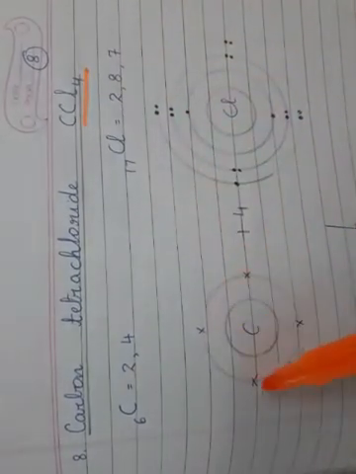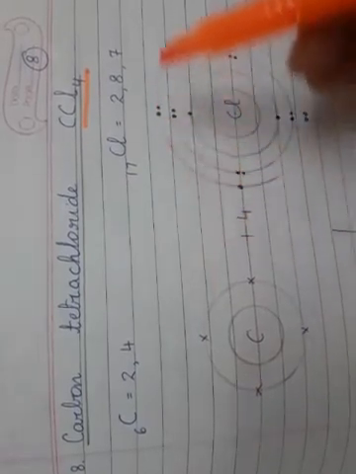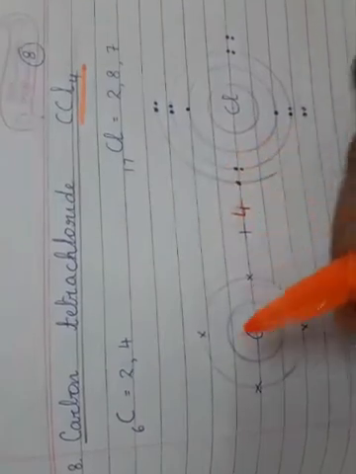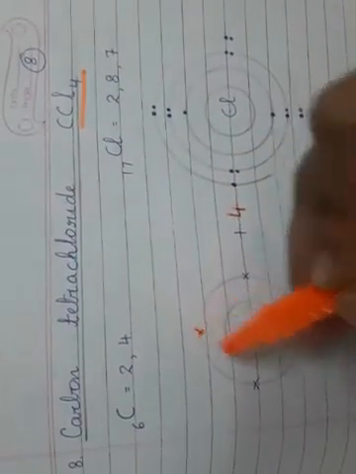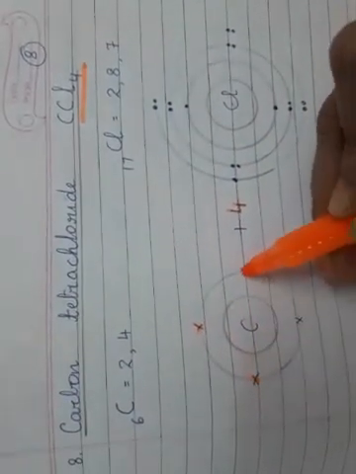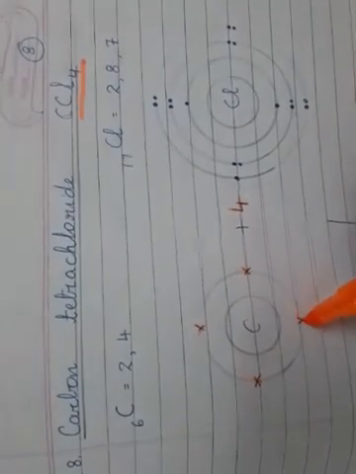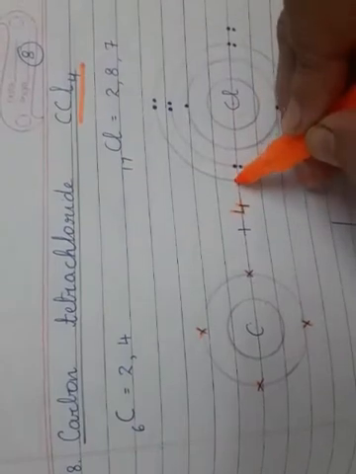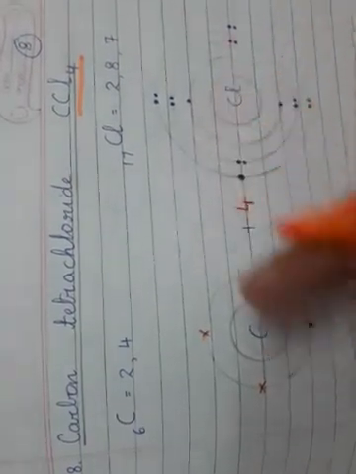You will draw 1 atom of carbon and 4 atoms of chlorine. Carbon has 4 electrons in the valence shell. Chlorine has 7 electrons, so this 7th electron would be facing this side.